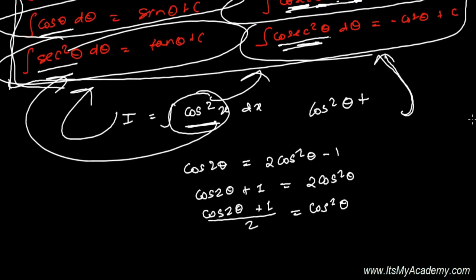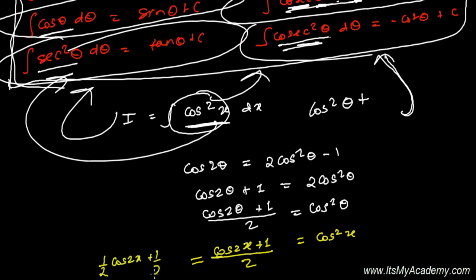And don't you see, my dear friend, this cos square x is exactly in this format. So if I write here cos square x, then this will be cos 2x plus 1 divided by 2. And further, if I write it in a proper way, it's going to be 1 by 2 cos 2x plus 1 by 2.